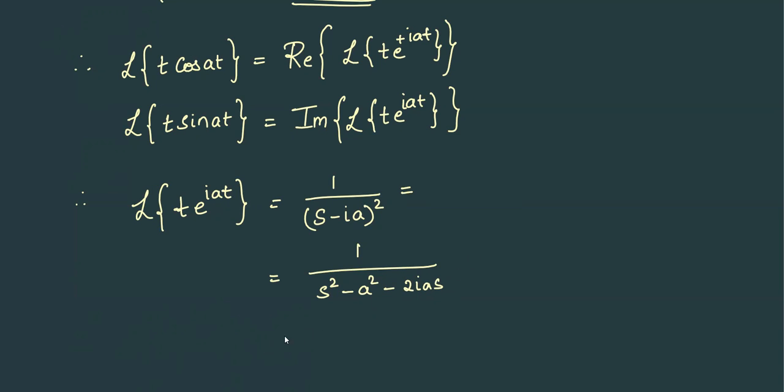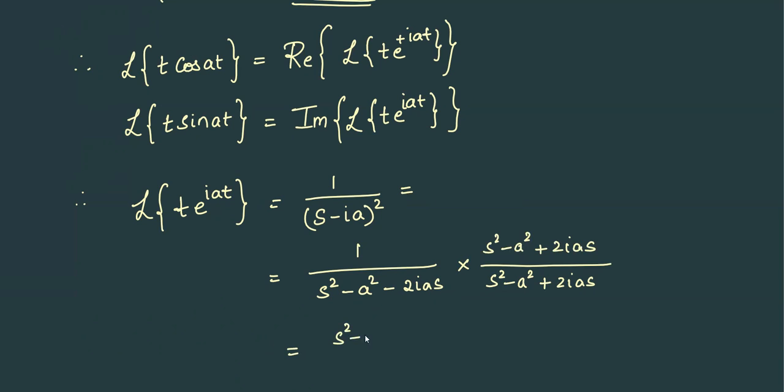Now I multiply and divide by the conjugate of this, s square minus a square plus 2ias. I'm just multiplying with the conjugate.